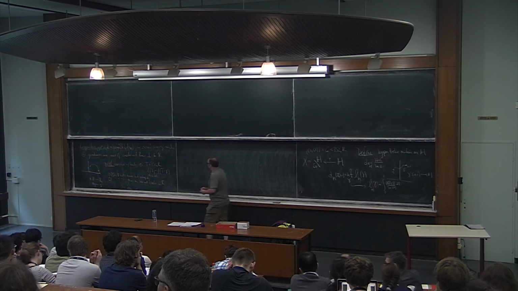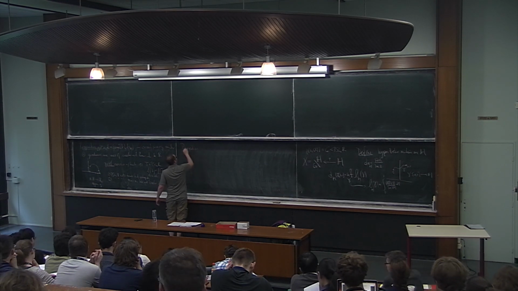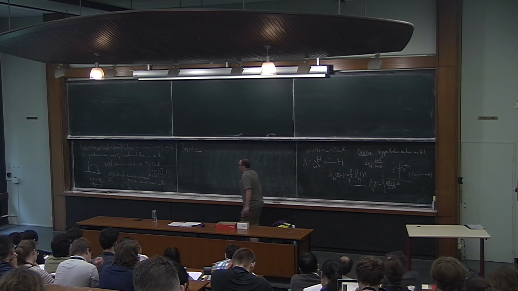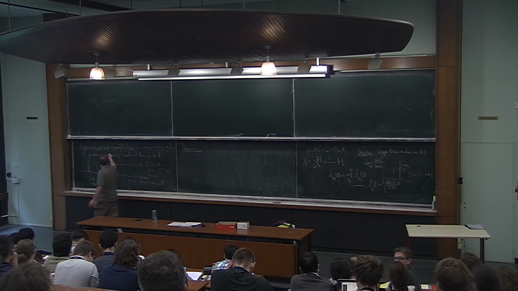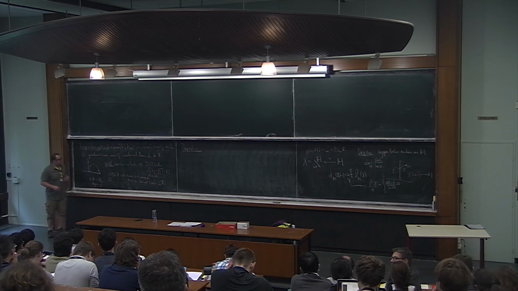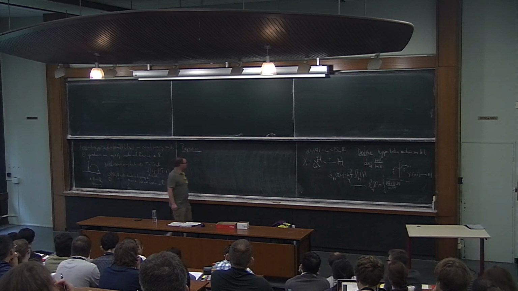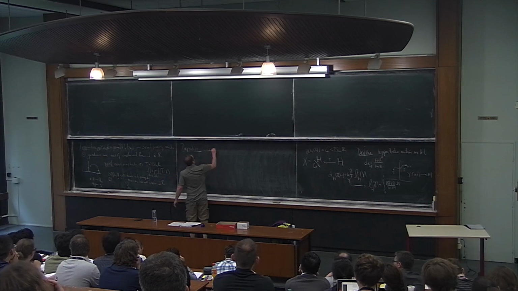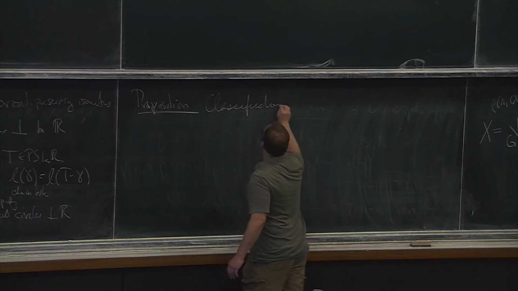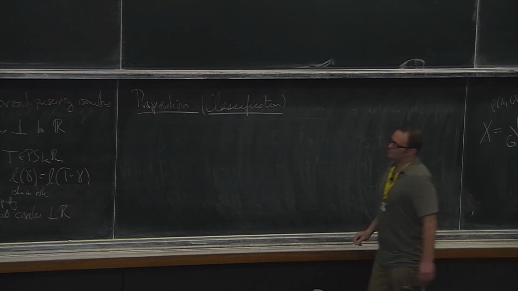So another proposition is, once you have this, then the group of orientation-preserving isometries is the group of holomorphic automorphisms. How do they act? So what are the elements? What's the classification? So the classification of isometries.